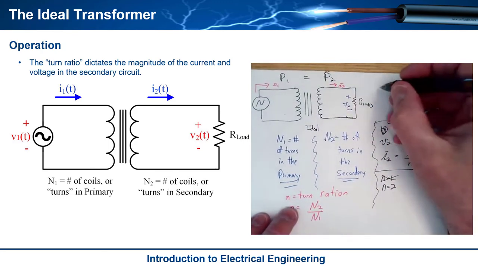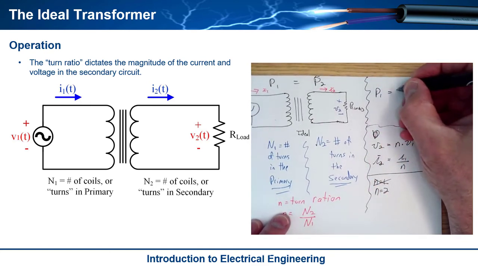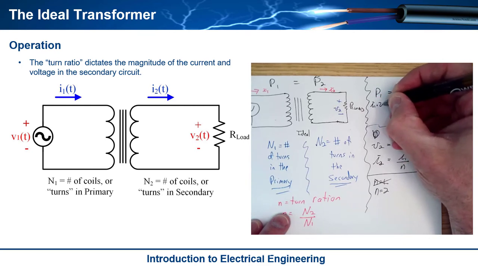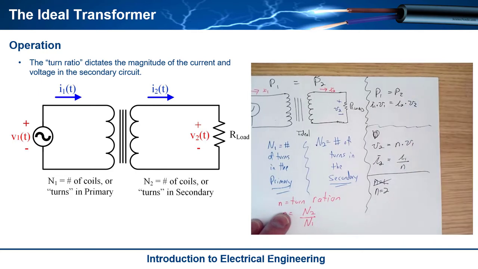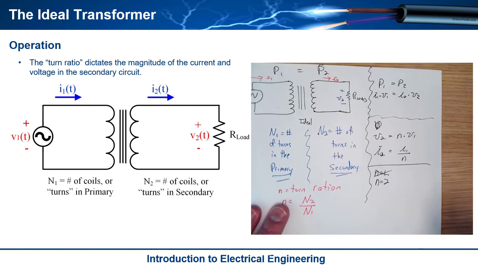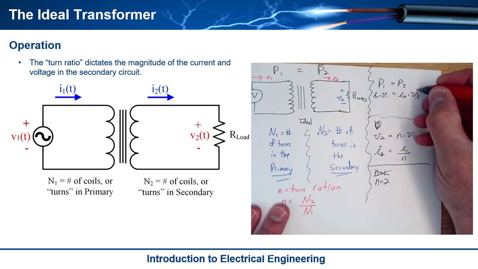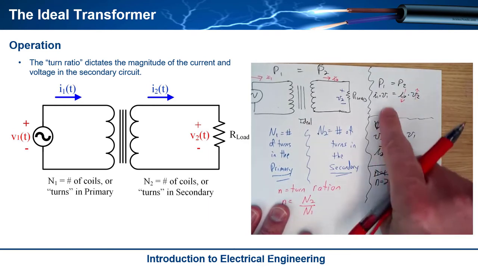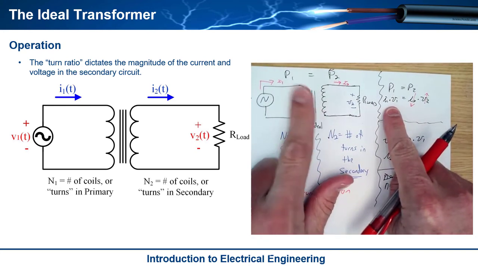And if you think about that, that gives us this amazing ability to say that P1 is equal to P2, and that is I1 times V1 is equal to I2 times V2. And if I wanted to keep that equation working, which we do, this turn ratio equation allows us to do something like this. I could actually step up the voltage as long as I step down the current, and the transformer operation is as expected.